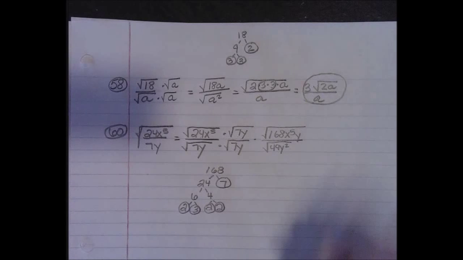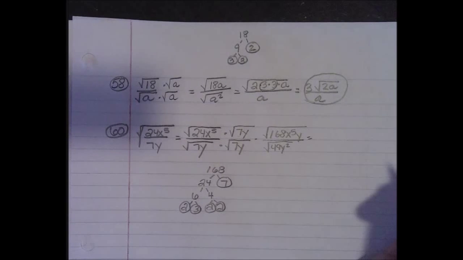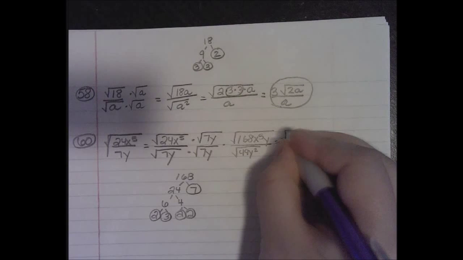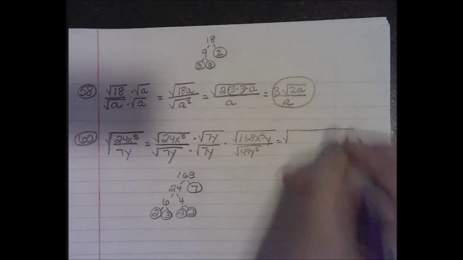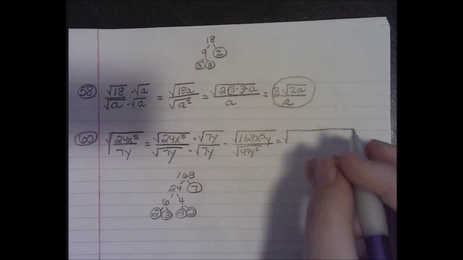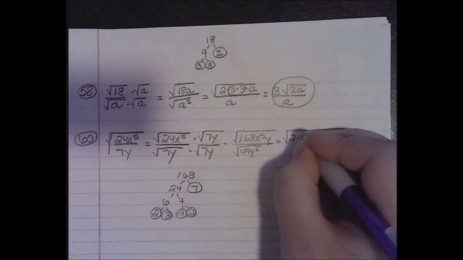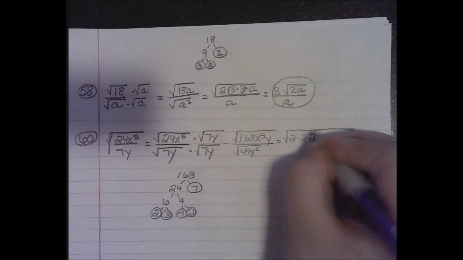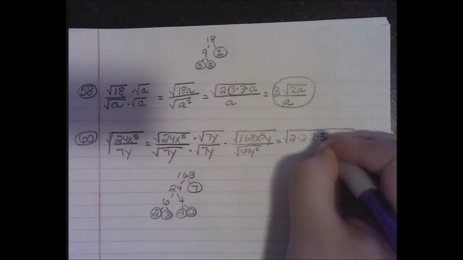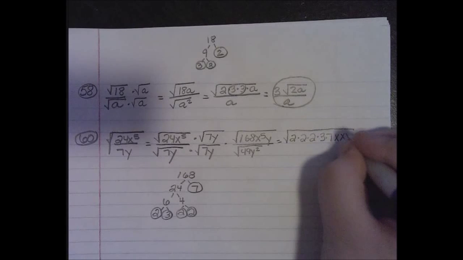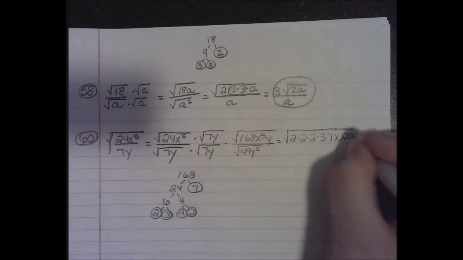So now I'm going to replace my 168 with all of my factors. Remember, these are the prime factors. So I'm going to put them all in numerical order, grouping all the 2's together, the 3's and the 7's. Then I have 5 x's and a y.